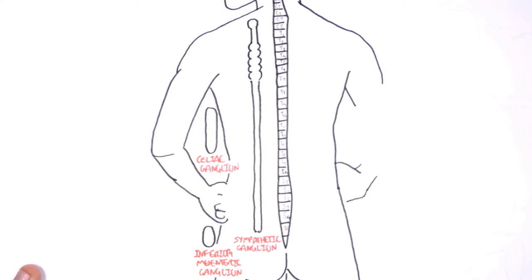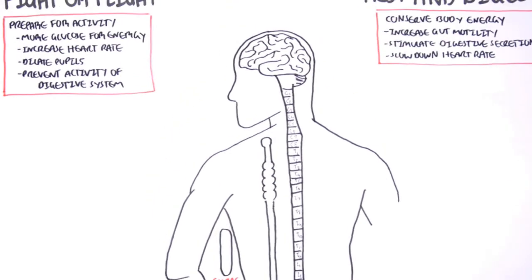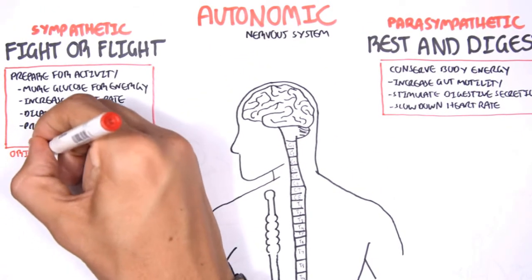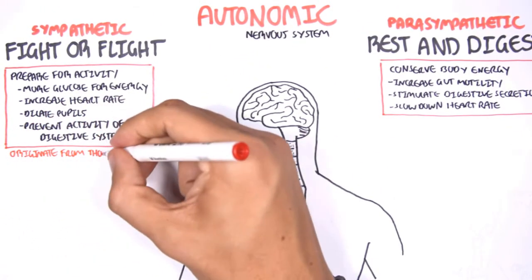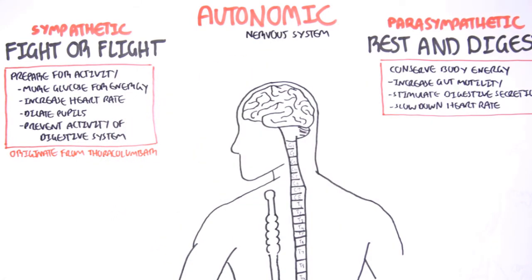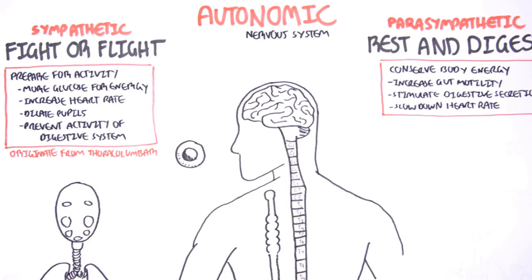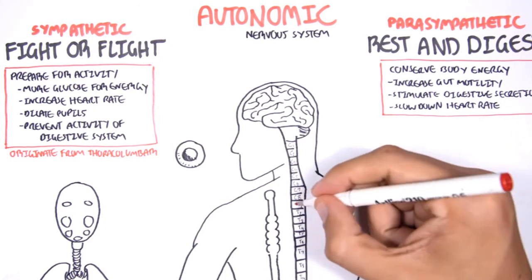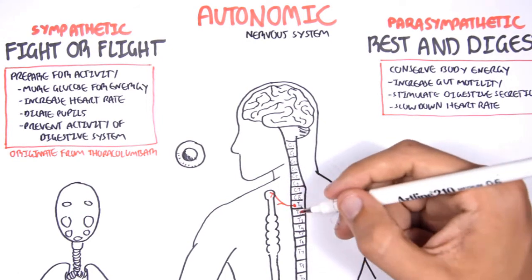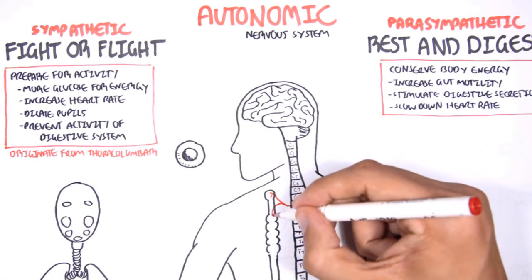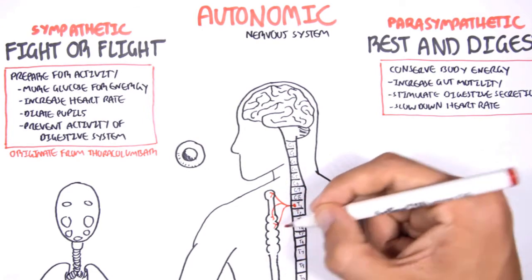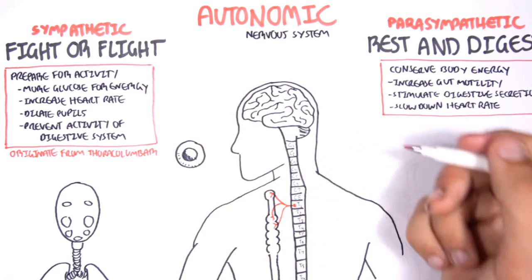Another very important thing to understand about the sympathetic nervous system is the nerves arising from the spinal cord. They arise from the thoracic and lumbar regions of the spinal cord. Anyways, so here we can see some preganglionic neurons coming from the spinal cord, and then they will synapse in the ganglion here.